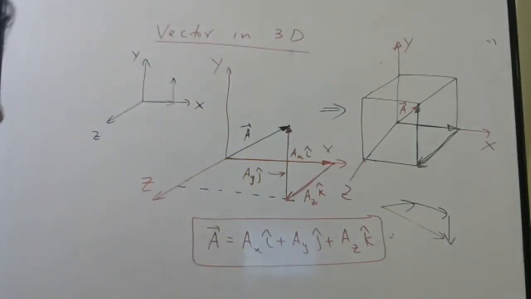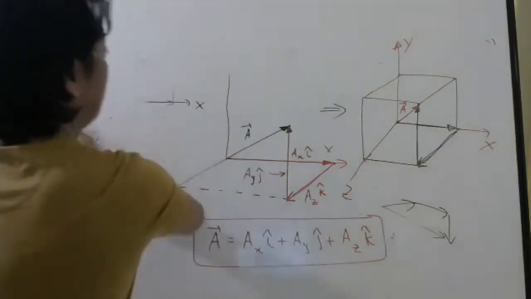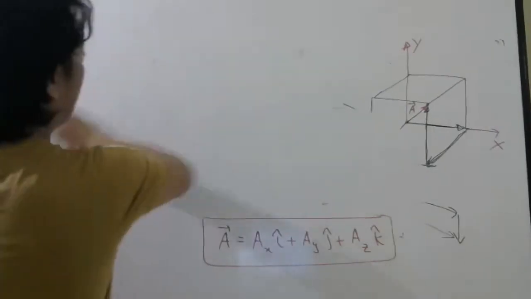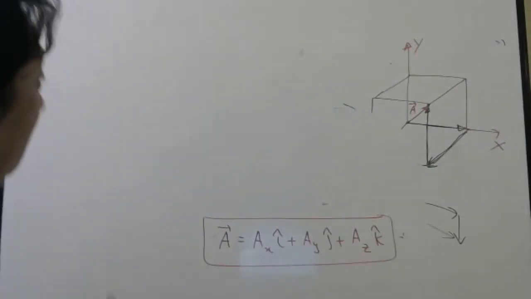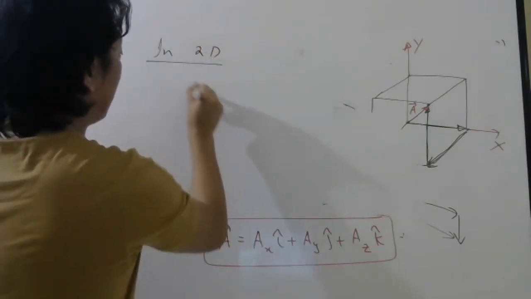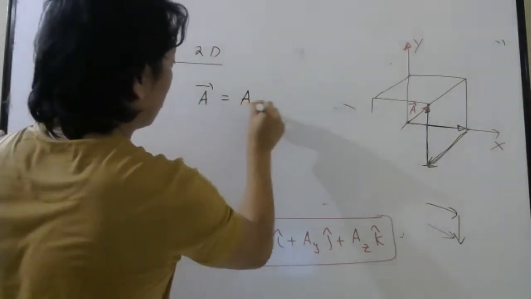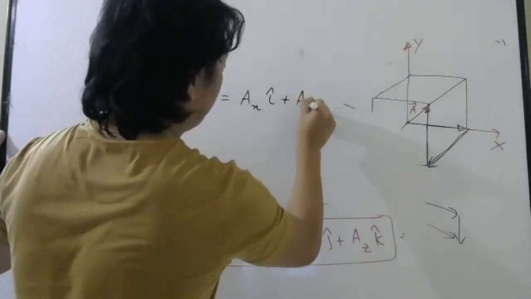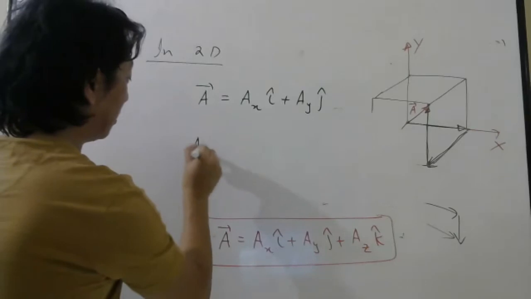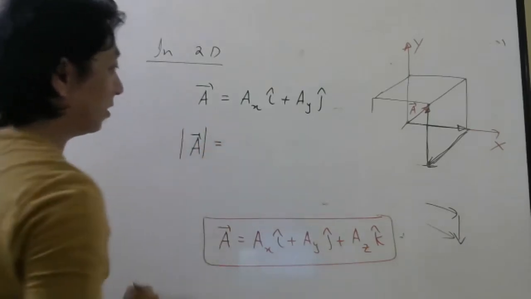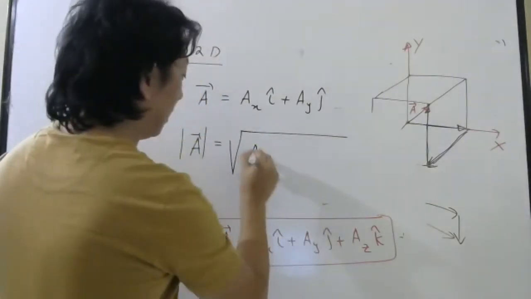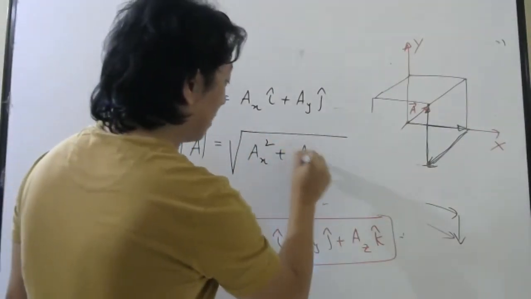Okay. So now, let me see how many of you will be able to answer this. It is based on pure logic, nothing else. In 2-dimension, we write any vector in terms of components like this, right? And how do we write the magnitude of this vector, the length of this vector? Root over A_x square plus A_y square.